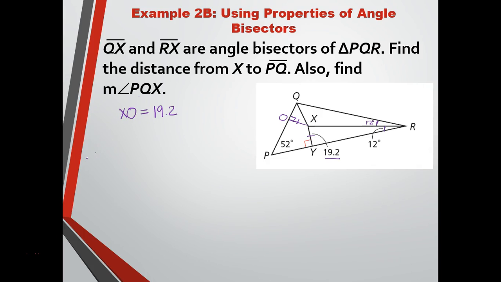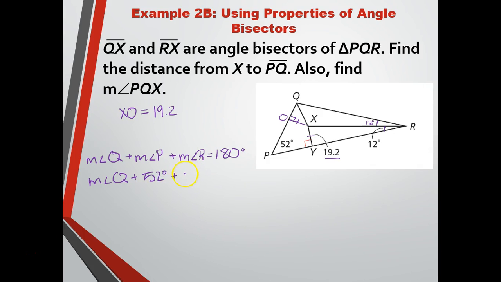All right, so measure of angle Q plus measure of angle P plus the measure of angle R is equal to 180 degrees. We don't know Q, that's what we're trying to figure out. And measure of P is 52 degrees.